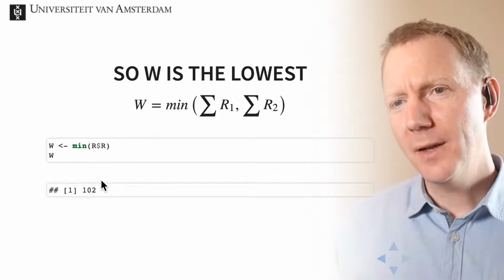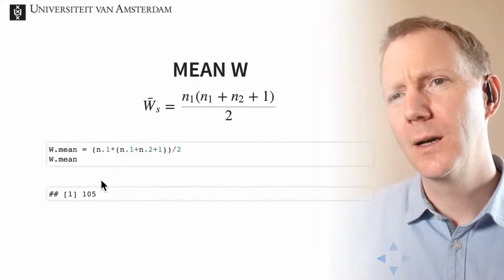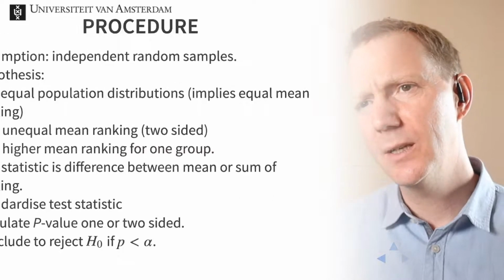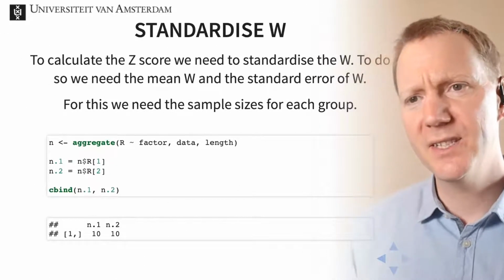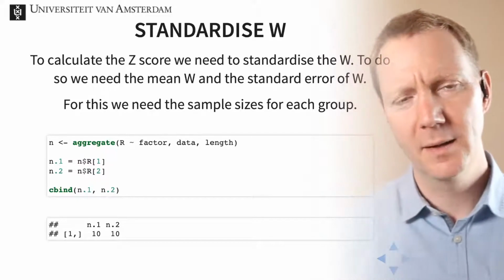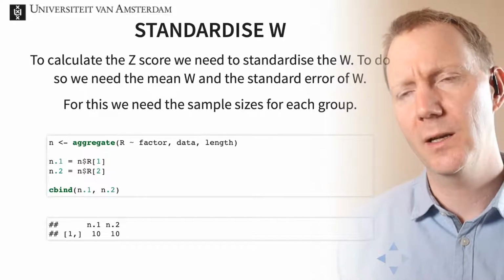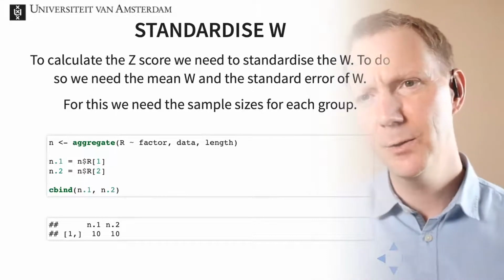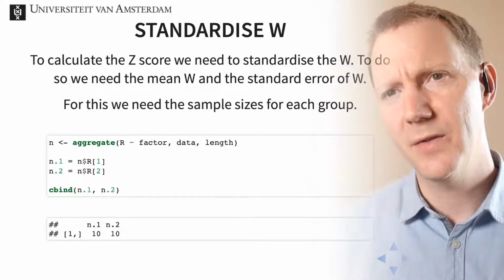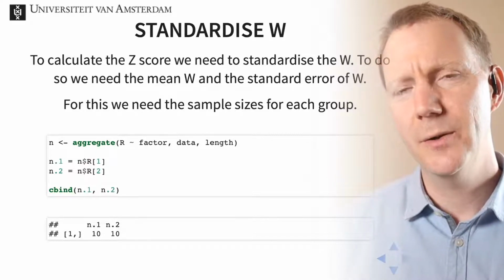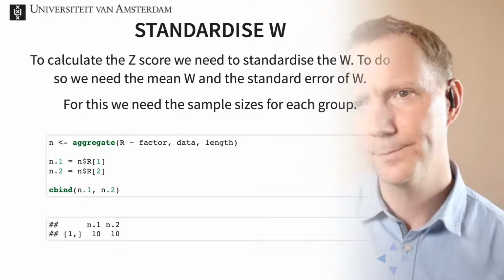Okay, we're not done yet, because essentially we have to standardize the score that we've created. The W value is essentially an unstandardized value, and we have to go from the unstandardized to a standardized value, which means transforming this value into a z-score.